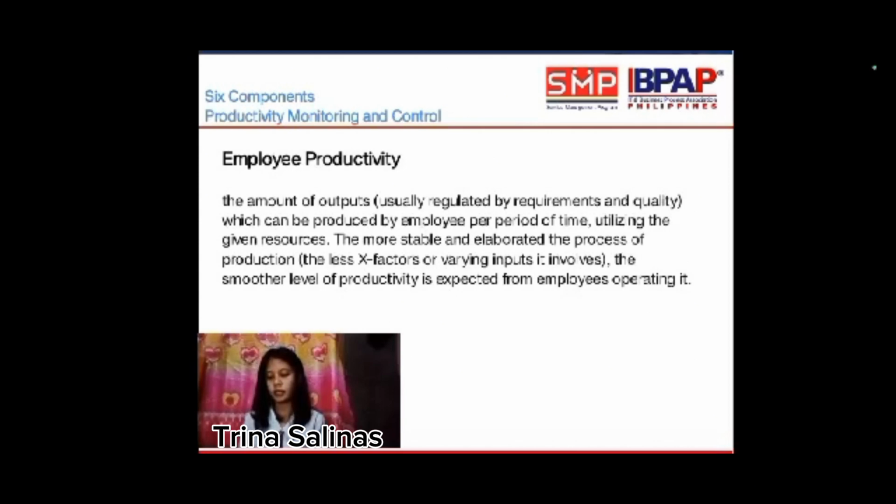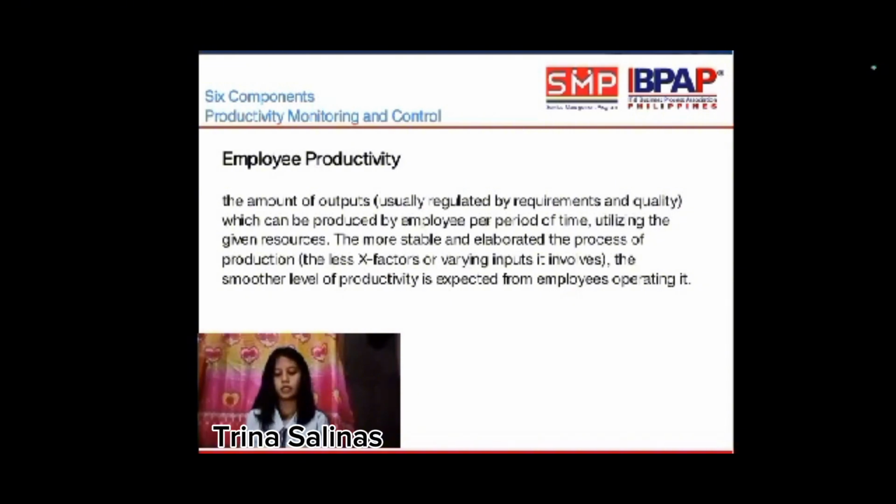The text says that if the process of making something is very clear and doesn't have a lot of things that can change it, called X factors or varying inputs, then the employee working on it will be able to work well and be productive.